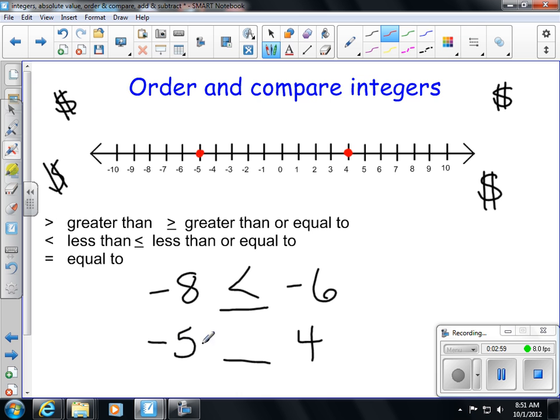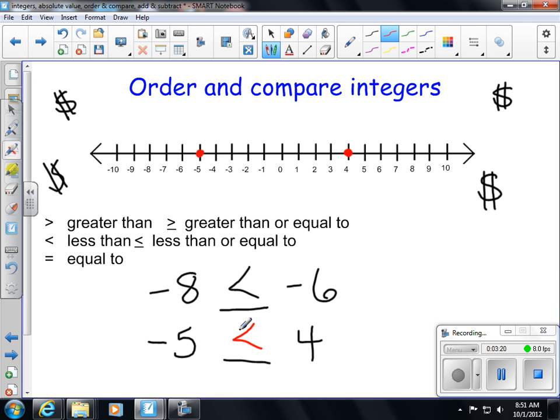And I know then that -5 is less than a +4. And think of money. If you owe somebody $5, are you in a good situation? No. If I have $4, wouldn't you have more? Yes. Okay, so -5 is less than 4.